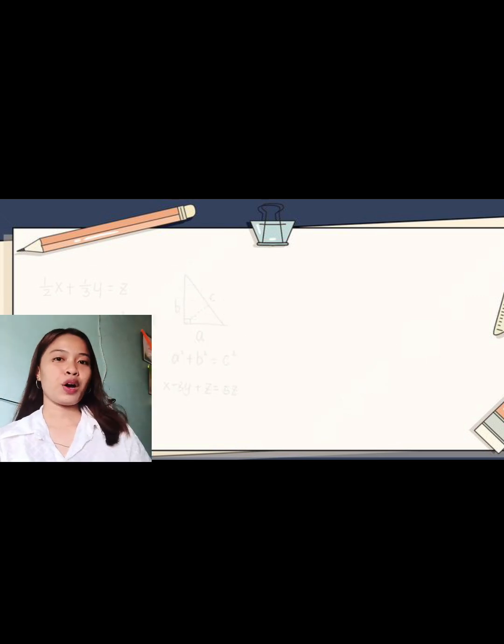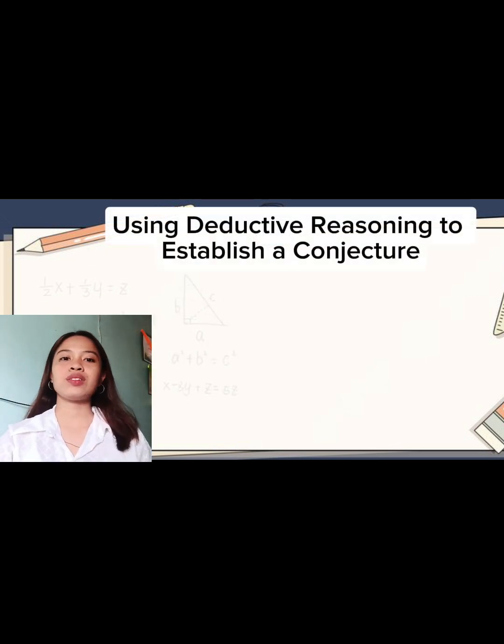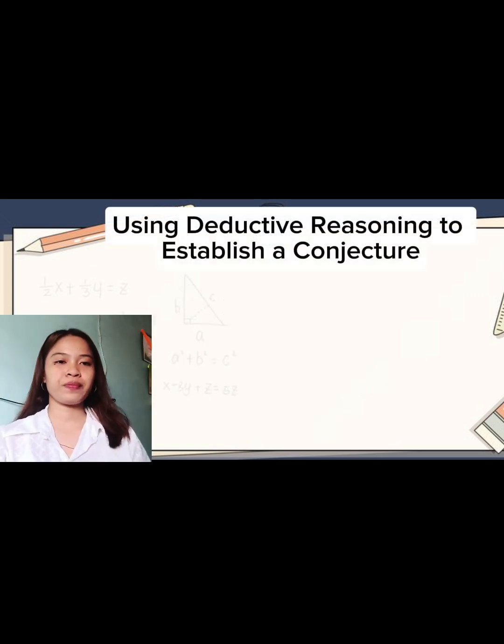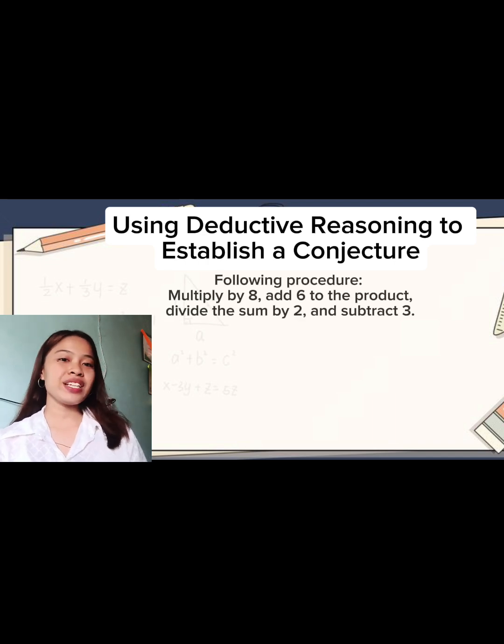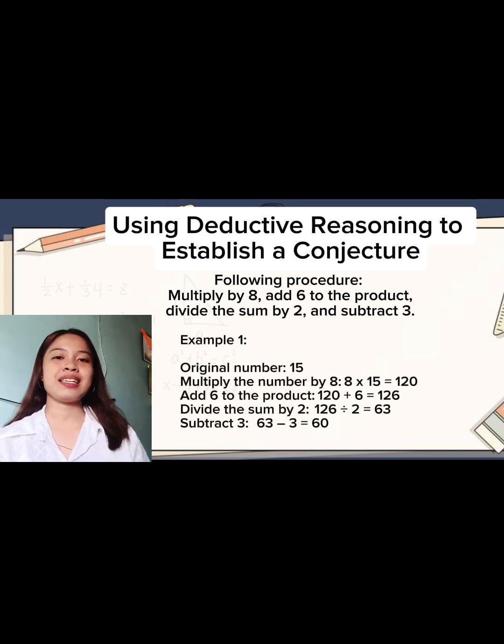An example of using deductive reasoning to establish a conjecture. Consider the following procedure: multiply the number by 8, add 6 to the product, divide the sum by 2, and subtract 3. An example of this is, we have an original number of 15. Multiply the number by 8, so 8 times 15 is equal to 120.